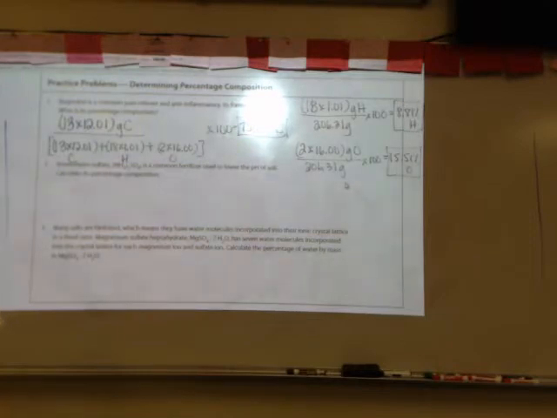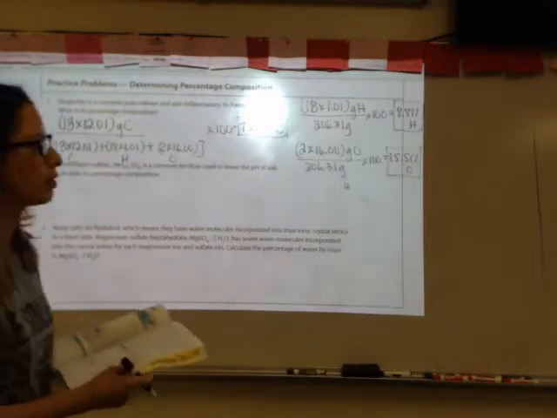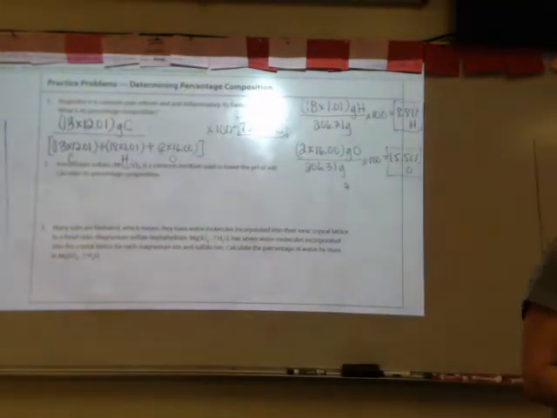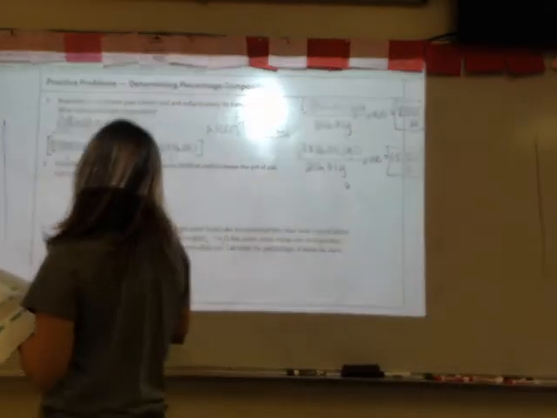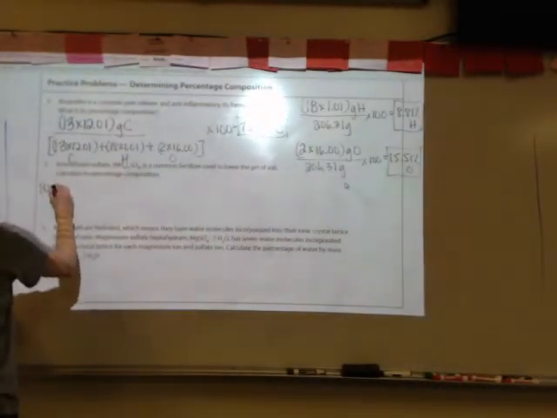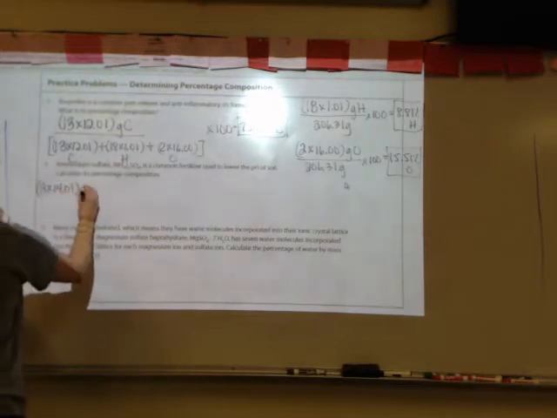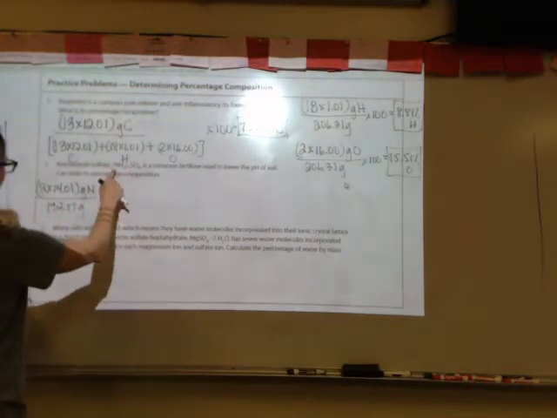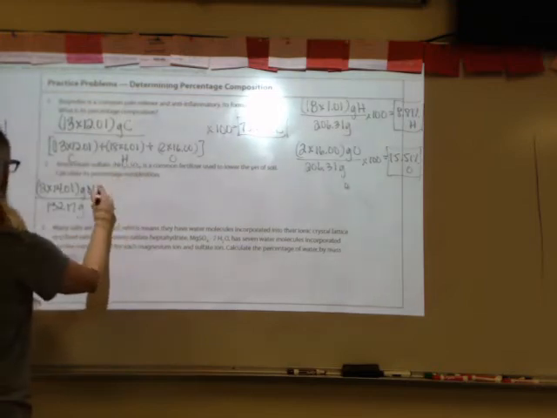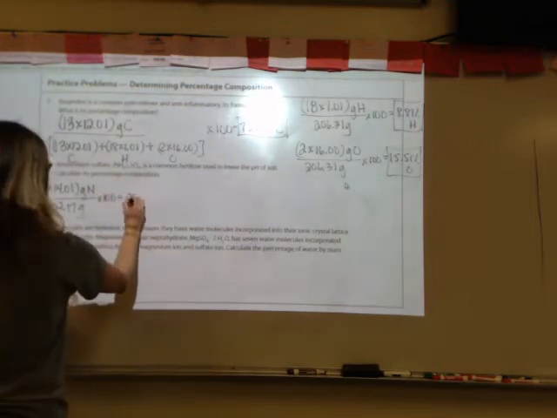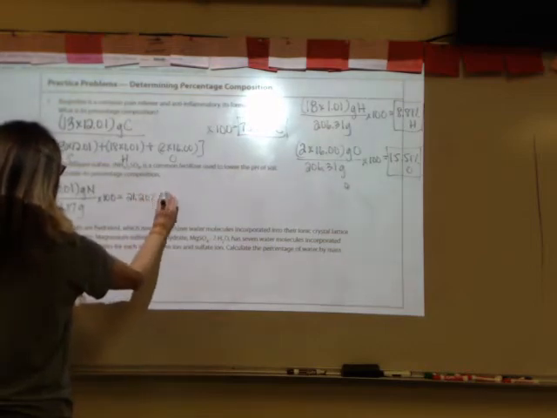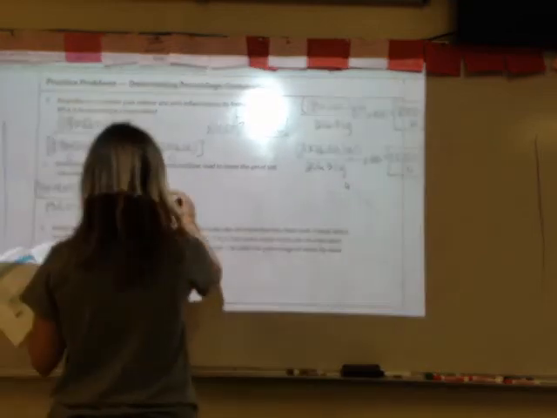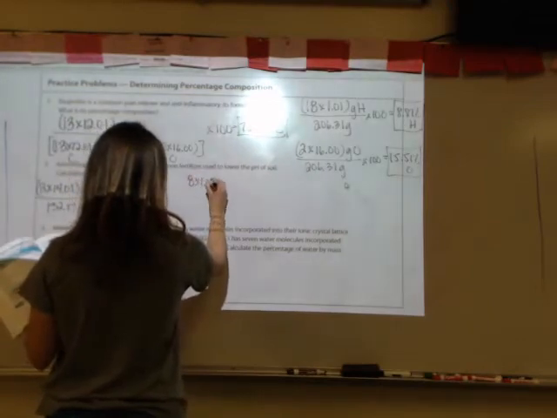For number 2, ammonium sulfate is a common fertilizer used to lower the pH in soil. Calculate its percent composition. So we've got 2 nitrogen, and we're going to divide that by the mass of the entire compound, which is 132.17. That's from 2 nitrogens, 8 hydrogens, 1 sulfur, and 4 oxygen added together. That's going to give me 21.20% nitrogen. And then for my hydrogen, I have 8 hydrogen.